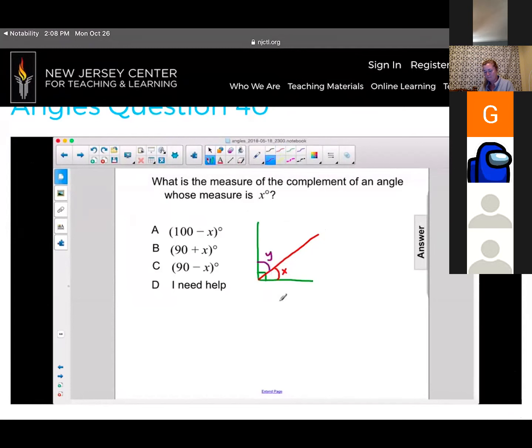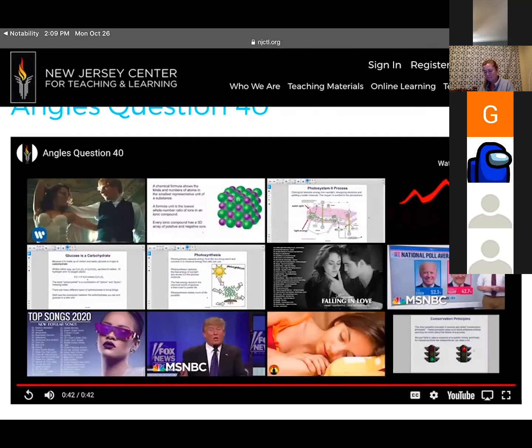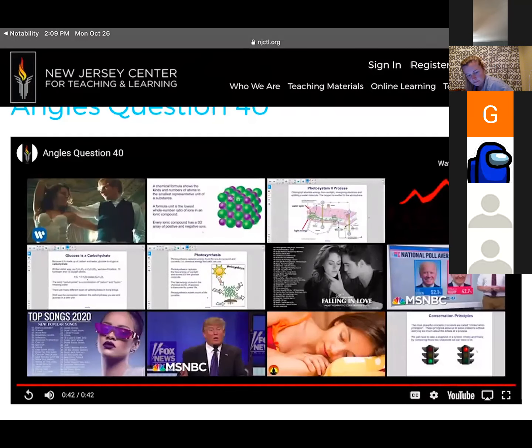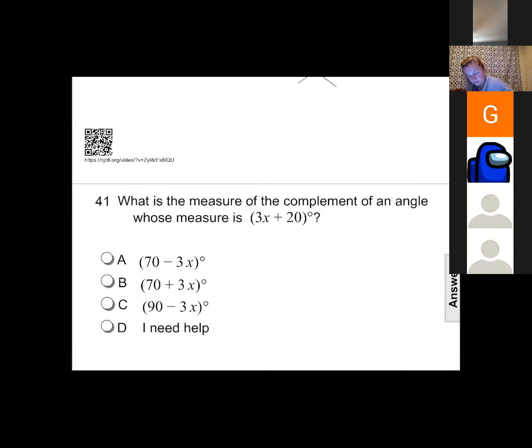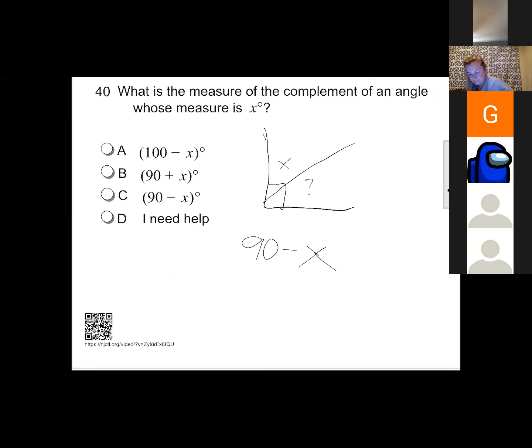All right, so y equals the full angle, 90 degrees, minus this portion here, x. So the answer is 90 degrees minus x. And that is how we find the measure of the complement of any angle.